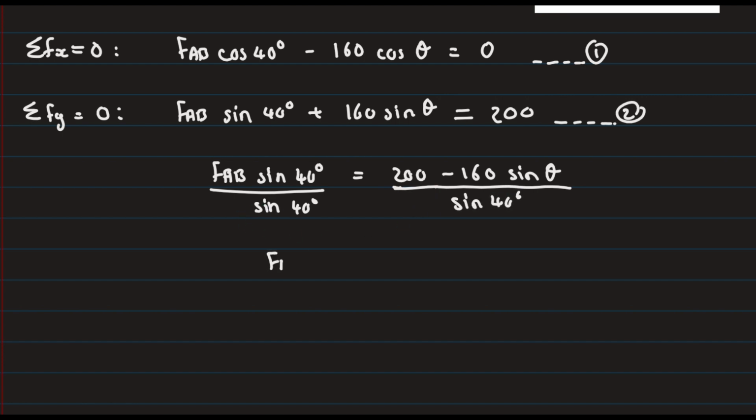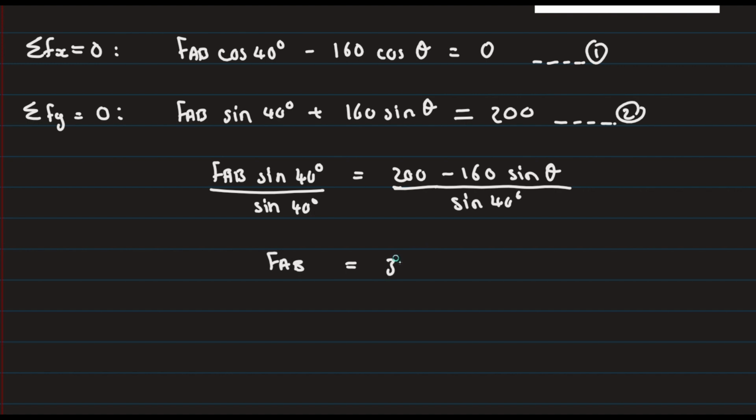So now we have force of AB is equal to 200 divided by sine of 40 degrees.